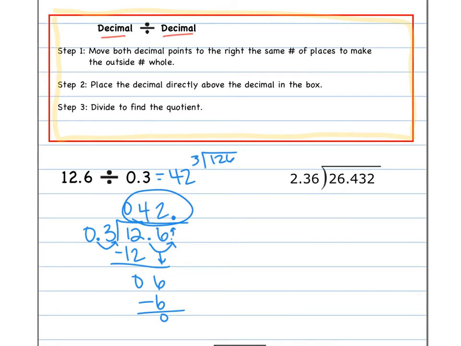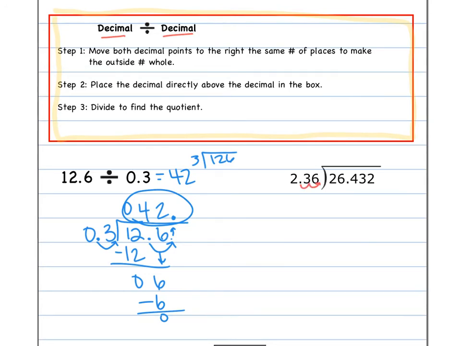Okay. Next one. This one we already have all set up for us. 26 and 432 thousandths, and we're dividing that by 2 and 36 hundredths. Okay. So the first step is to make this outside number whole. So we're trying to get that decimal point all the way to the right of the number. So we're going to move it 1, 2 spots.